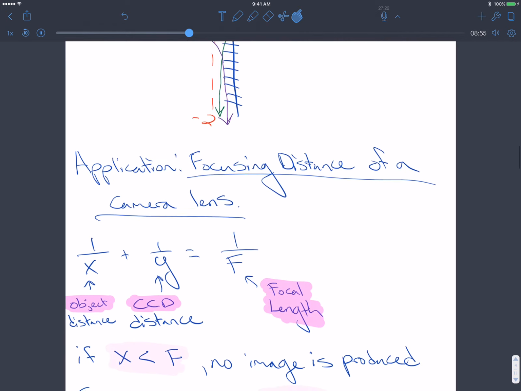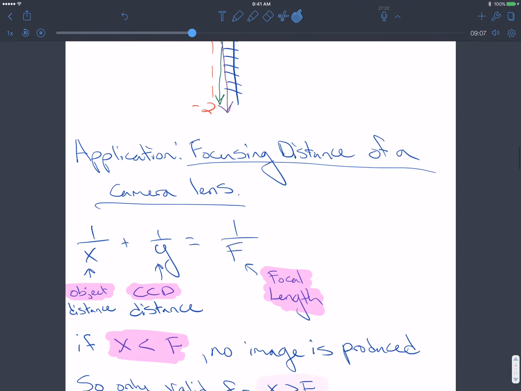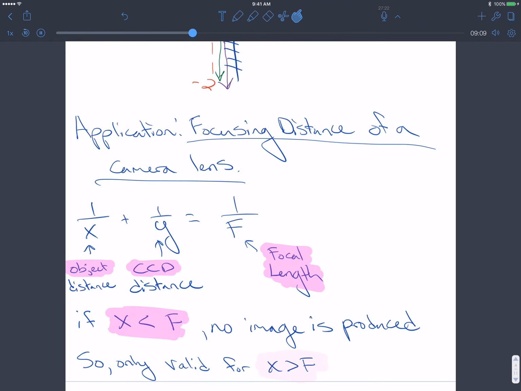Notice that if you try to take a picture of an object that is closer than the focal length for the particular lens, you're not going to get an image. It's just going to be blurry because it's just not made to do that. And I have a small drawing here to try and show you why that's the case. So this equation is only going to be valid for distances of an object that are greater than the focal distance of the lens itself.